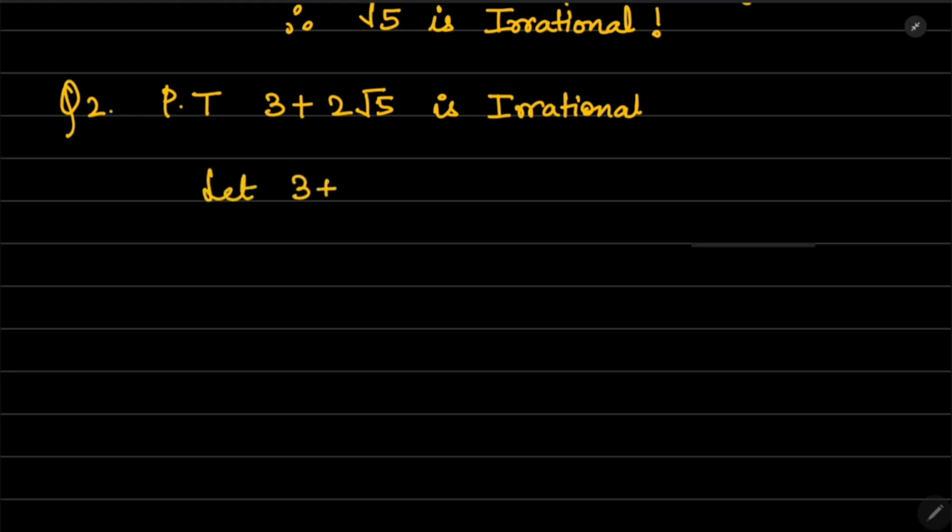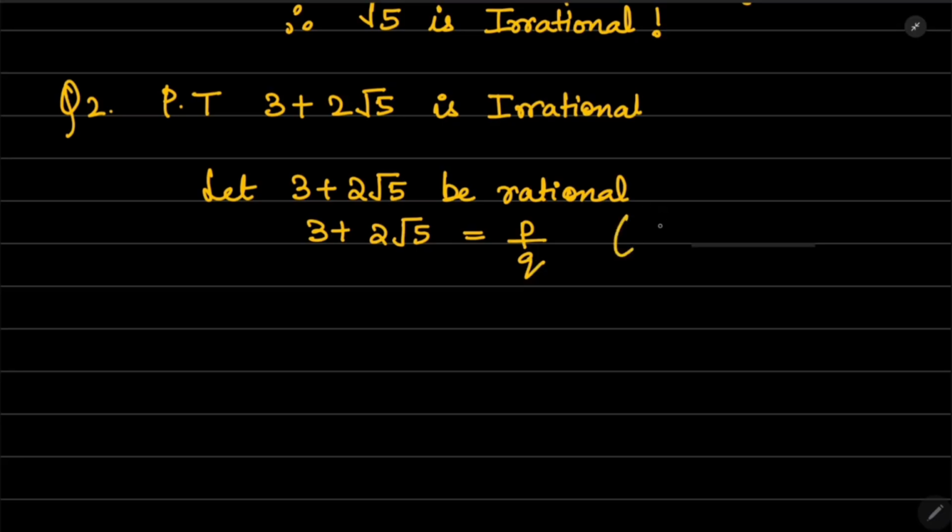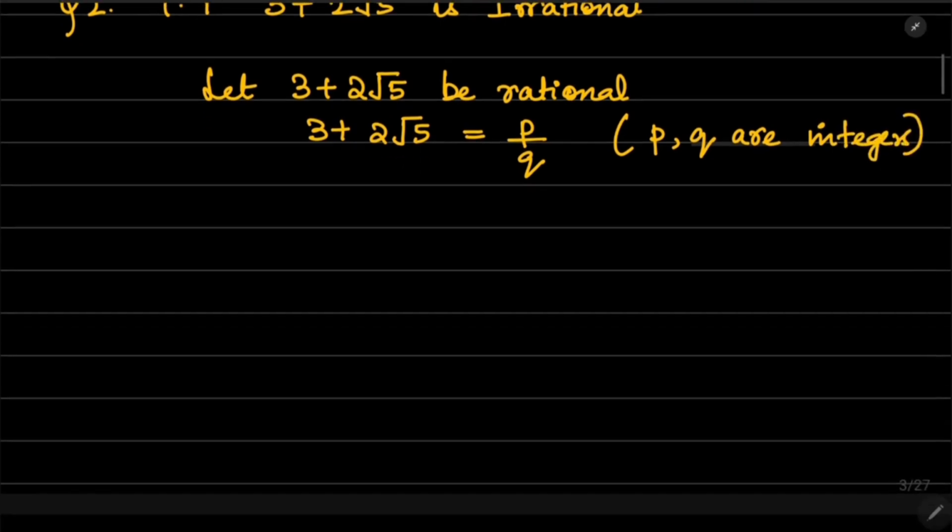So we start with: let 3 plus 2 root 5 be rational. Okay, which means 3 plus 2 root 5 is equal to p by q. In this case, let us write where p and q are integers.